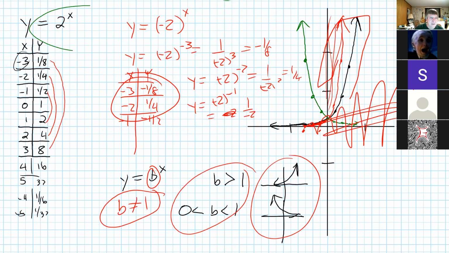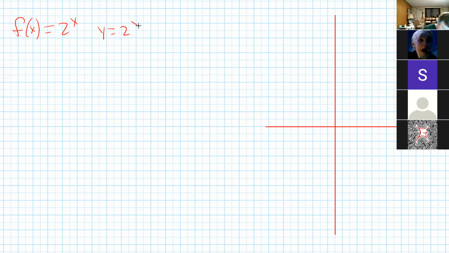Okay. Now, let's go to a new page. I guess we're still with red. That's fine. Red works just fine. Let's go back and put in f of x equals 2 to the x, or y equals 2 to the x. And we'll plot those points again.